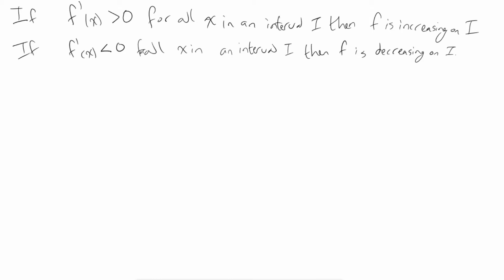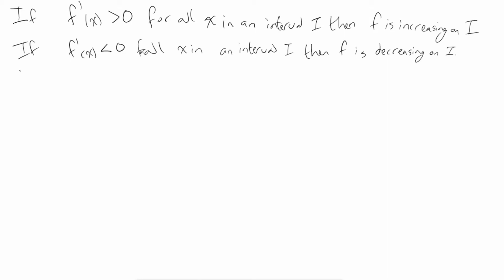So let's just start with example number 1. Find the intervals in which the function f of x is equal to 1 minus 5x plus 4x squared is increasing and decreasing.